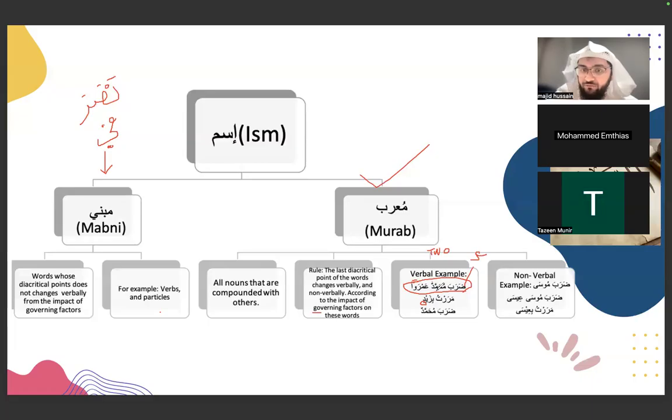It becomes difficult for the non-Arab, especially. Arabs can do it because of their mother tongue. Somewhat they have this edge, but for non-Arabs it becomes difficult. So that's why we will begin with Mu'arab and understand how these are changing and in what circumstances they are changing.